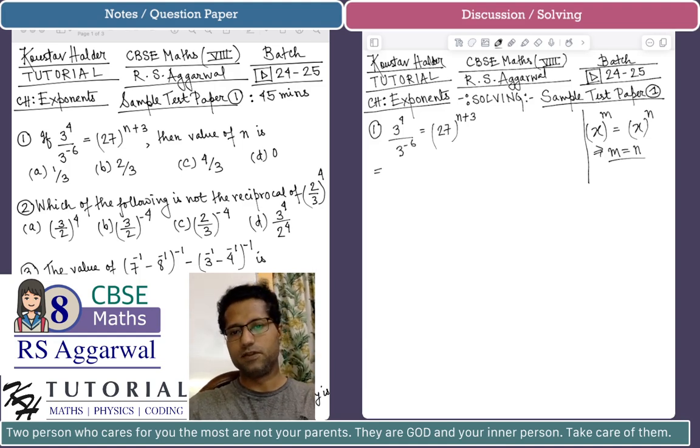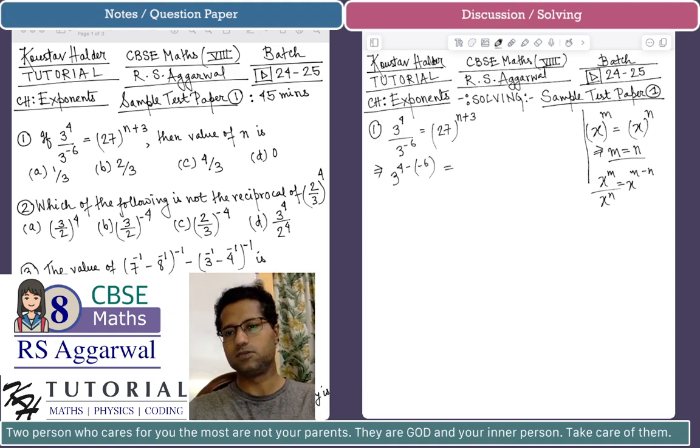On the left hand side, I apply the concept that x to the power m divided by x to the power n is equal to x to the power m minus n, so I get 3 raised to the power 4 minus 6 equals, now on the right hand side I see the base is 27, but I need base 3 because on the left hand side the base I get is 3. So 27 I can write as 3 cube, and it is raised to the power n plus 3.